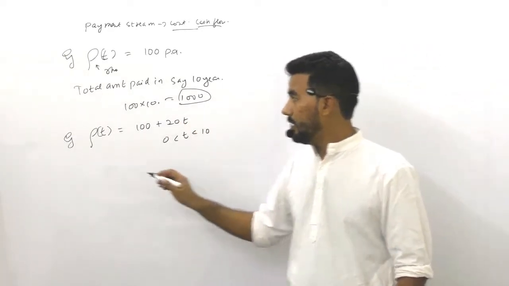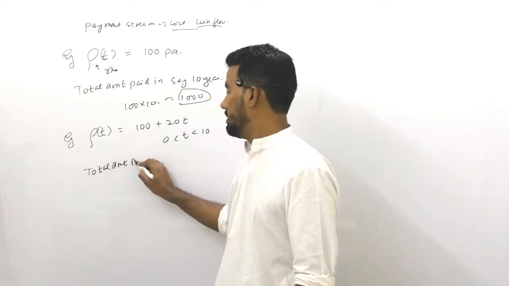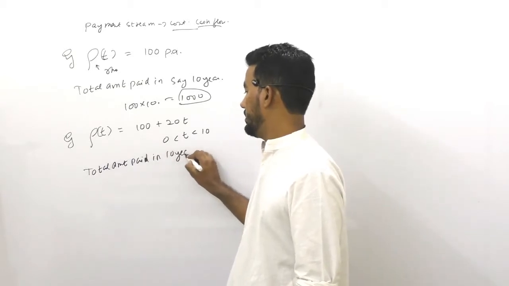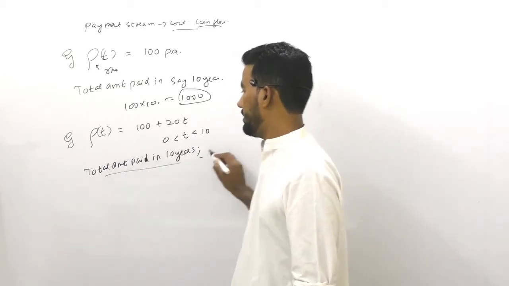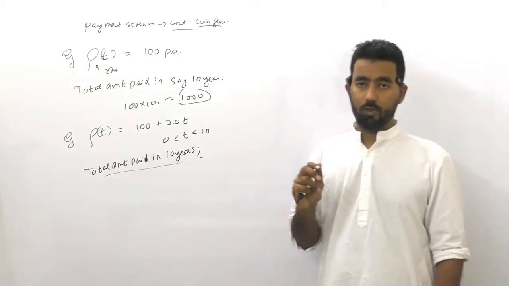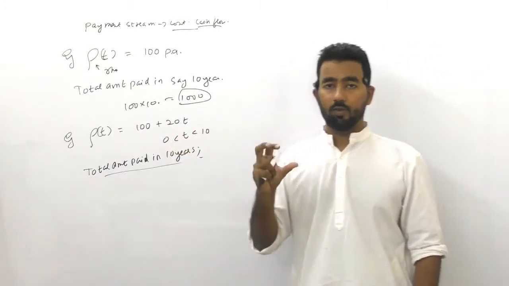Now if you want to find the total amount paid in 10 years, how will you do it? Here we have to add the payments over a continuous range. We know that we can add the payments over a continuous range by integrating the function over the required range.